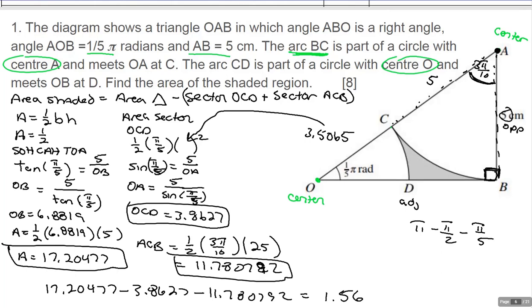Now, in this case, there's a lot to do here, but none of this is crazy hard. Do you agree? Yeah. You got to know the formulas, and you got to know how to use them. And here's the key, and this is where people get messed up a lot. You got to be able to use trig to find angles and to be able to find lengths of sides.